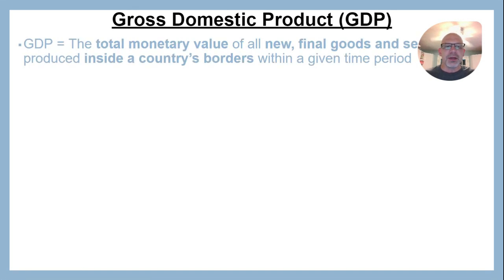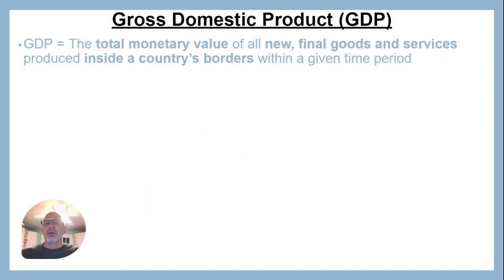All right, to start with, looking at gross domestic product, I'm going to refer to it as GDP from here on out. It's a little easier. So what we're looking at really is productivity within a country's borders. We look at the total monetary value, so the total price of all new final goods and services that are produced.